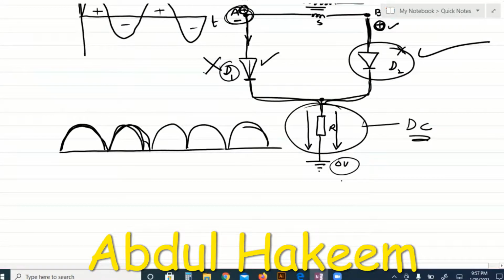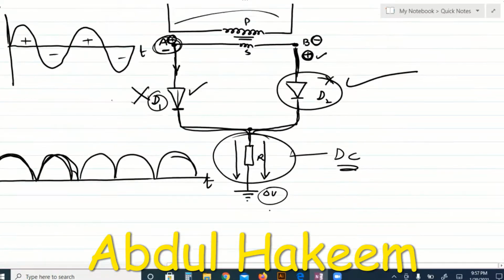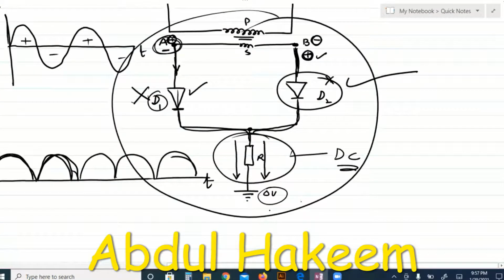Now, this voltage has a problem. First one is that it fluctuates between these two values. It is continuously fluctuating, so it's not a working voltage. And number two, this rectifier requires an earth connection, which is also not workable.